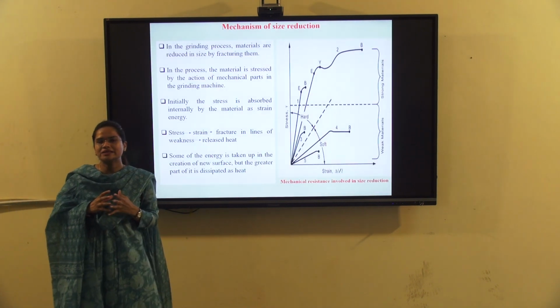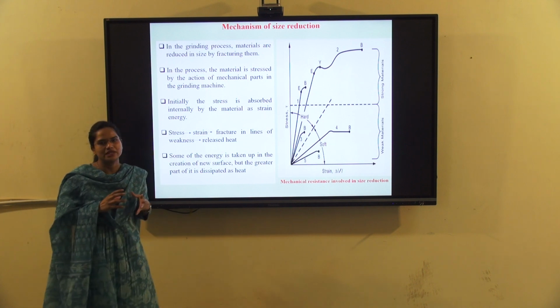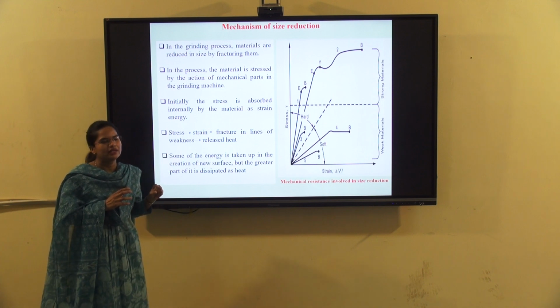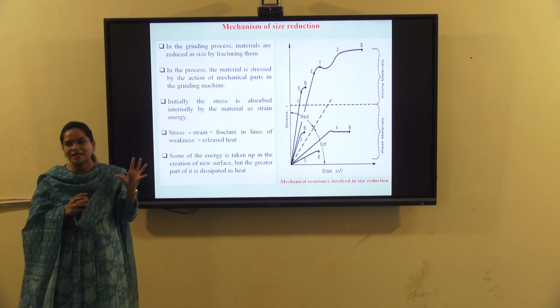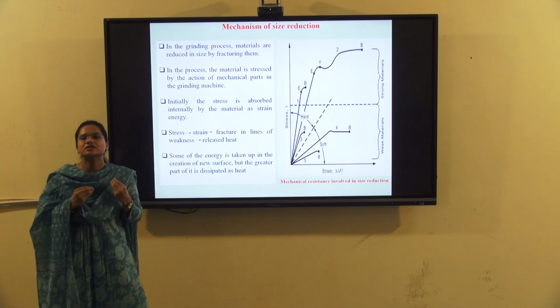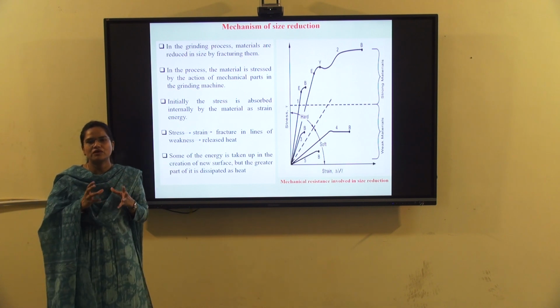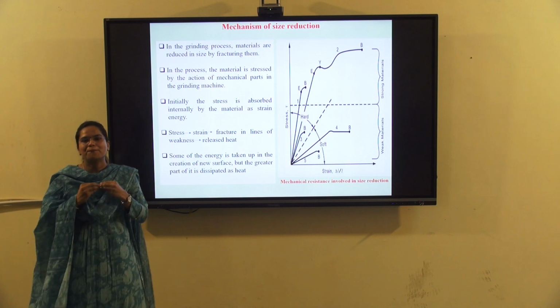What is the mechanism behind size reduction? Here we are seeing the graph between stress and strain. When force or stress is applied on the material, it results in strain development, or a change in the dimension of the particle.